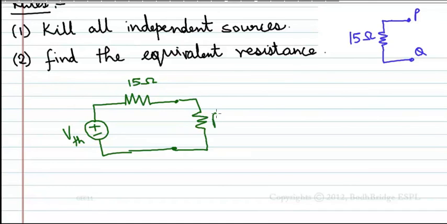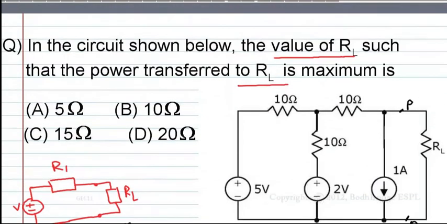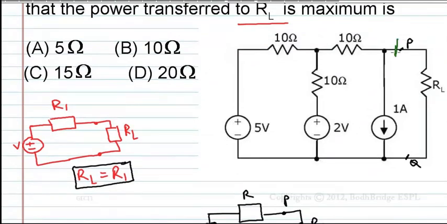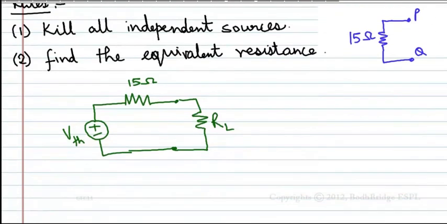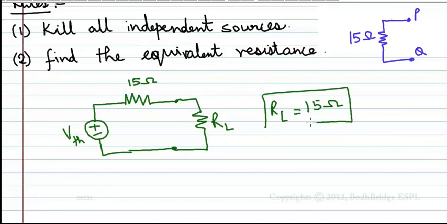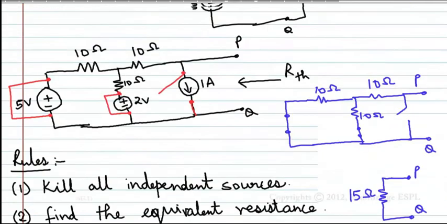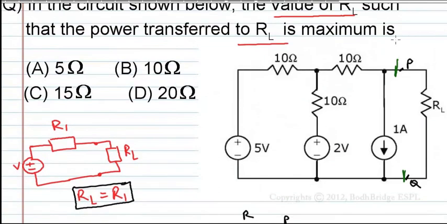The whole circuit between P and Q, I am finding VThevenin something and RThevenin is 15. The maximum power transfer theorem says for maximum power to be transferred, RL should be equal to RThevenin, that is 15 ohm. Therefore, the load resistance should be 15 ohm for maximum power transfer. Therefore, C is the option here.